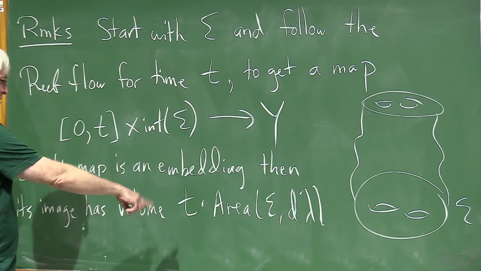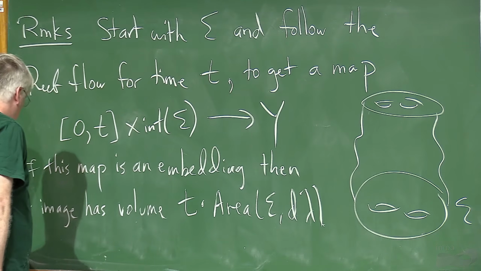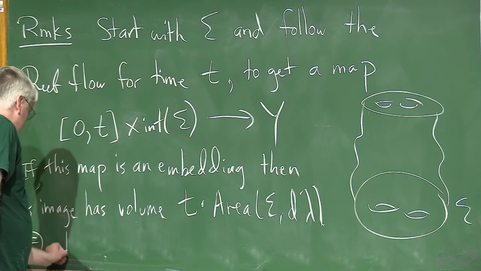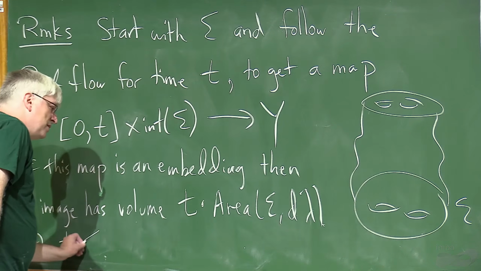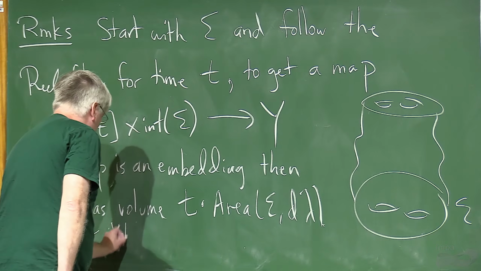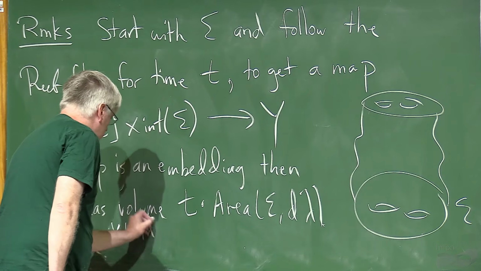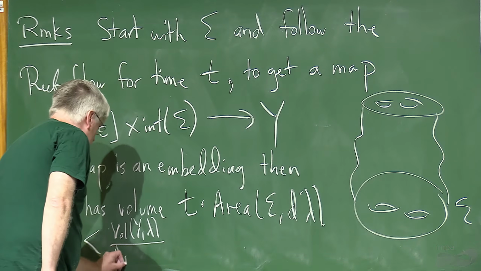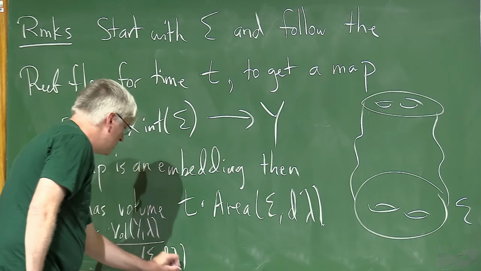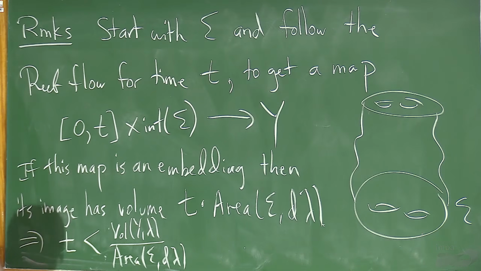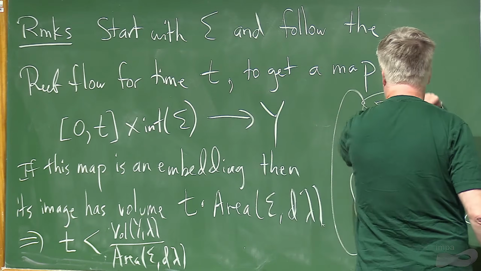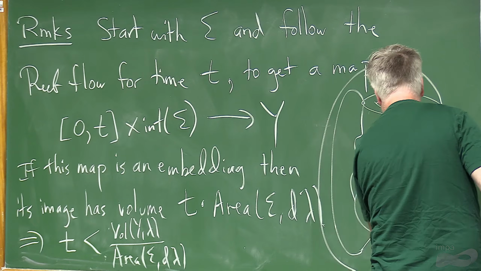If I assume that it's an embedding, then it follows that T is less than the volume of Y divided by the area. So as soon as T is bigger than this, it can't be an embedding anymore, so we'll come back and intersect itself somewhere.